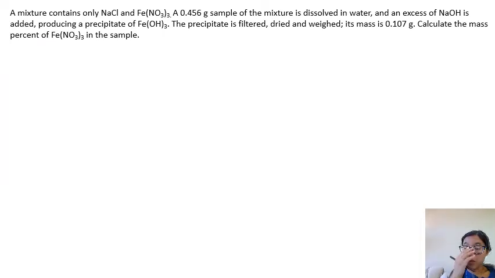Okay, so this problem honestly is not that hard, but they throw in a red herring there that can throw you off a bit. So first of all, we've got the mixture. Mixture contains only sodium chloride and iron nitrate. So basically this looks like this. We've got our sodium chloride and iron nitrate.